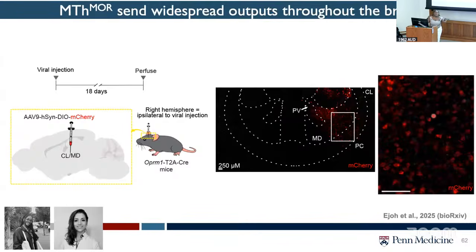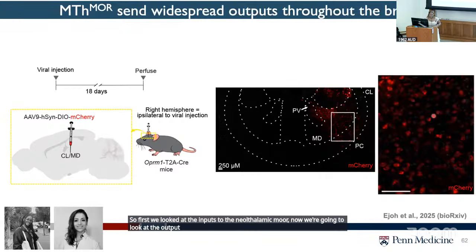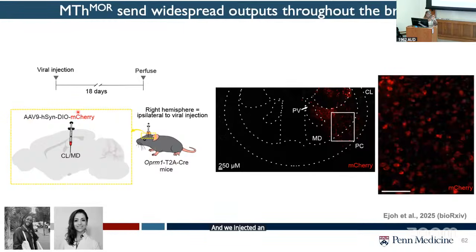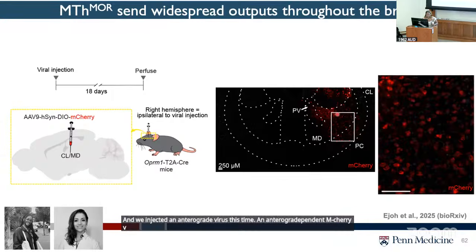So first, we looked at the inputs to the medial thalamic Mu-opioid receptor neurons. Now we're going to look at the outputs from these CLMD Mu-opioid receptor neurons. We did this by using the same OPRM1 Cre mouse, and we injected an anterograde Cre-dependent mCherry virus into CLMD.